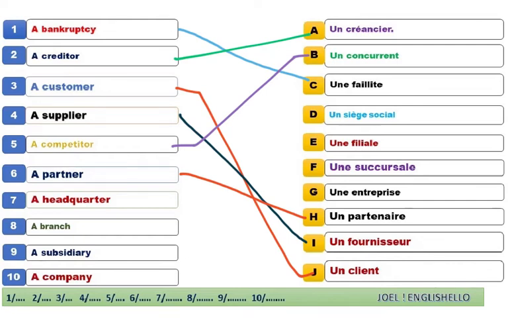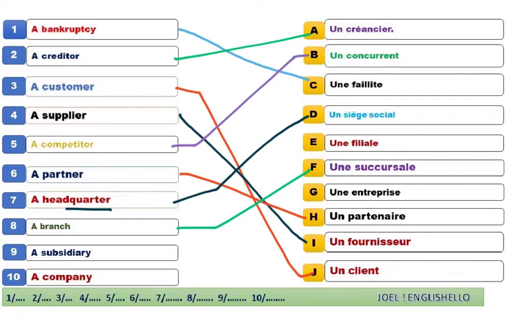Headquarters, mais on peut aussi dire head office, un siège social. A branch. Une succursale, c'est une société qui est dépendante d'un siège social. Vous voyez.